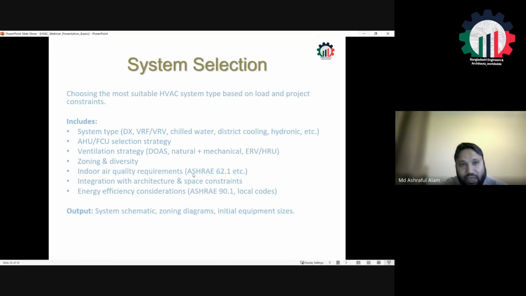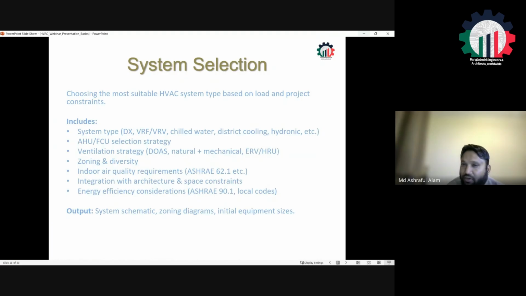In system selection, we need to select the system type. If it is a small building, maybe we'll go with DX only for a few rooms, or VRV systems. Or if it is a big building, maybe a chilled water system will be more beneficial and cost effective.